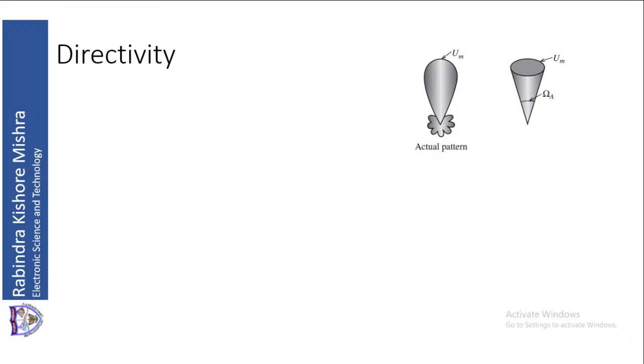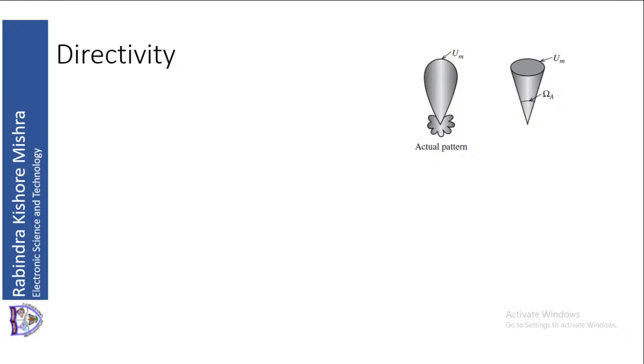So you have got the same power contained within this solid angle omega A. The actual pattern contains the average power, and that is contained within a solid angle omega A. So this is equivalent to this.